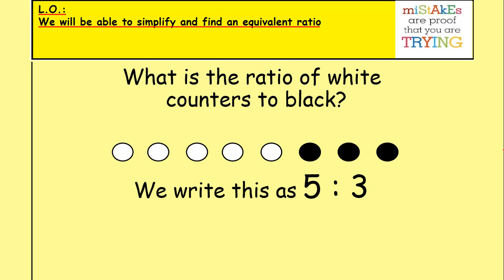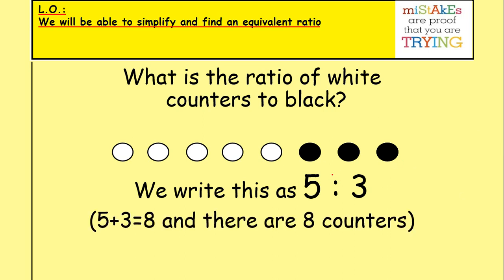Okay, now it's really important to understand the sign of ratio is this here, and we say it "to". Now, why is the answer 5 to 3? Because if you add 5 and 3, it gives you 8, and there are 8 counters.